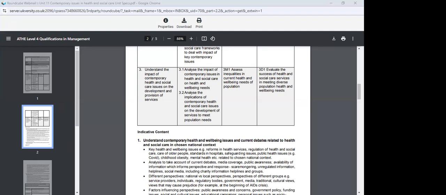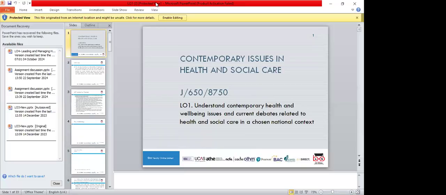LO1. Can you see the screen as well? Yeah. Good.